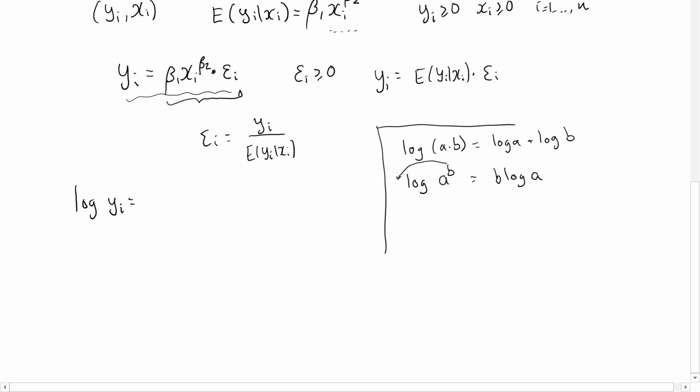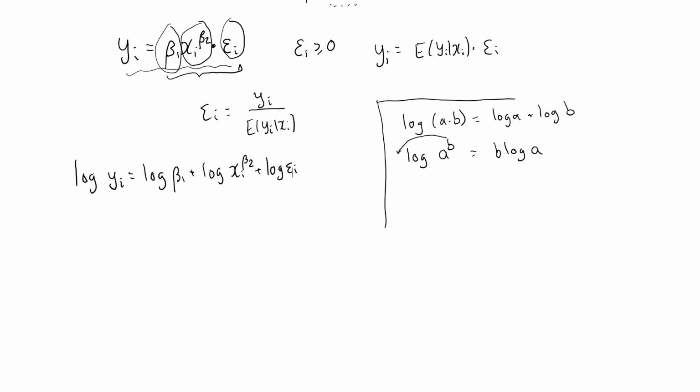If we use these rules, take log of yi, then I need to take log of this side here. That's a product of 3 terms, this term, and this term. So I can just take the log of each term and add them. So it's log of beta 1 plus log of xi raised to the beta 2 plus log of epsilon I. And finally, I can use my second log rule to move this in front.